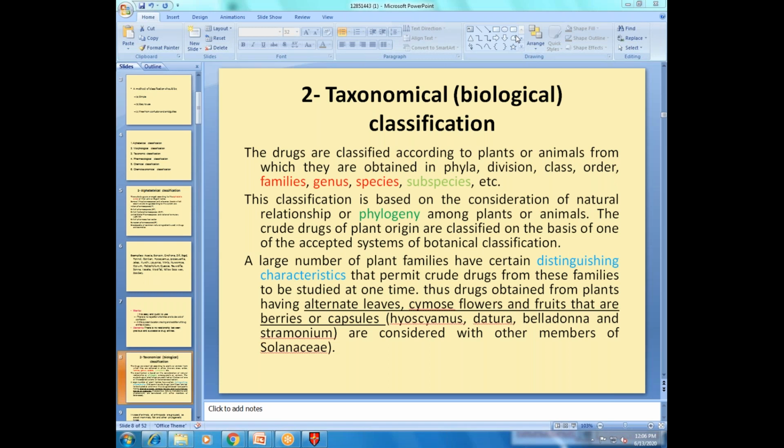For example, Hyoscyamus, Datura, Belladonna, and Stramonium. These all have the same type of flower, the same type of fruits. That's why they all belong to one family, called the Solanaceae family. You can see on the slides Hyoscyamus, Datura, Belladonna, and Stramonium.